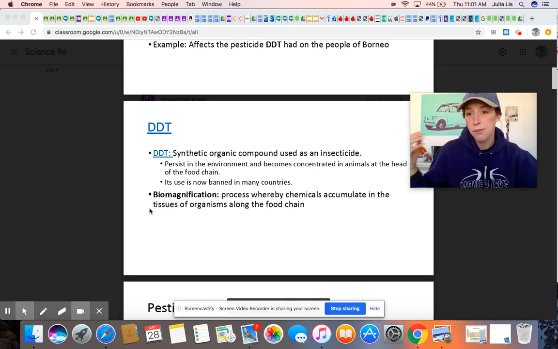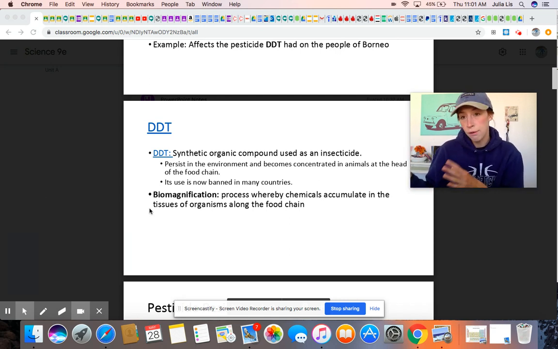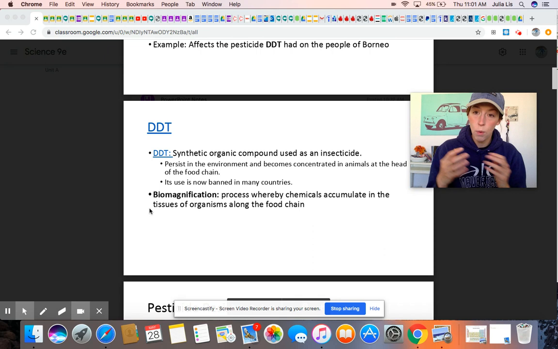Then when we have a fox or a coyote come along and eat a rabbit, that amount of chemical is now going to be in the fox. And if the fox finds 1 or 2 or 3 or 4 rabbits to eat that also have that chemical inside them, then there's going to be a lot of chemical in the fox, because it's not just eating 1 rabbit, but it's eating 5.